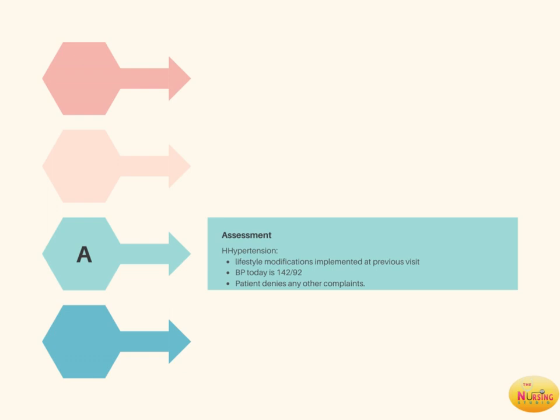Next, BP today is 142/92. And then patient denies any other complaints. You're putting all of this together so you can group it. So it seems repetitive, but whenever you click and you're looking through things, you should be able to tie the story together. So if someone is doing a consult and looking at it, it's as if they were in the room.